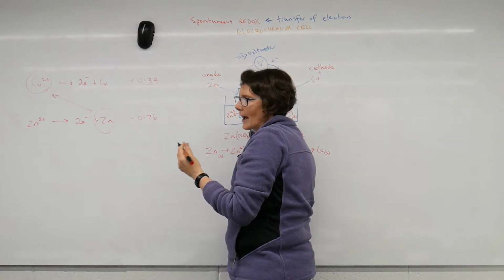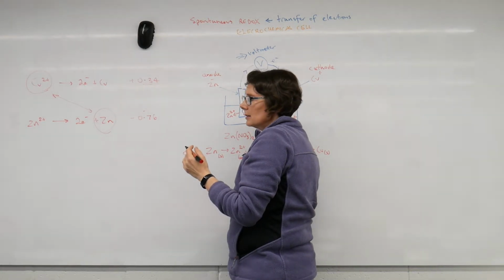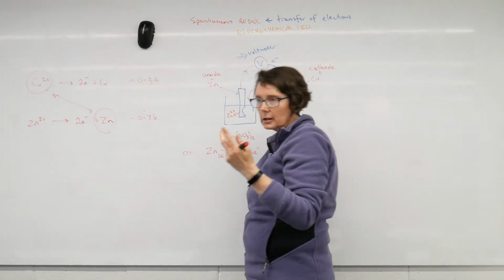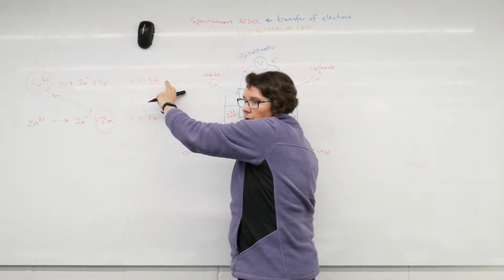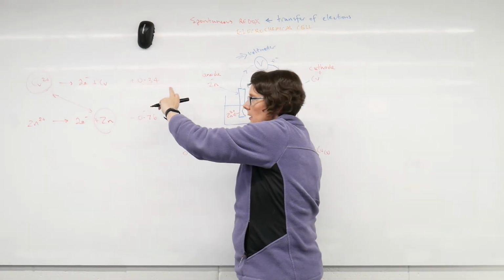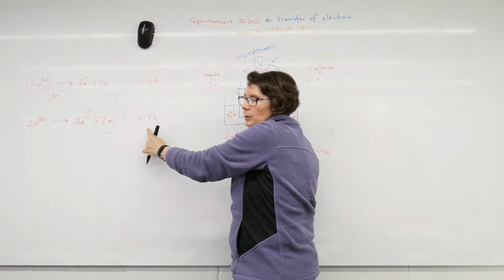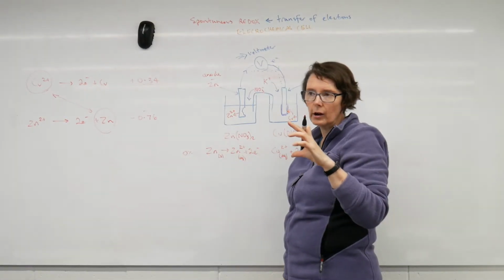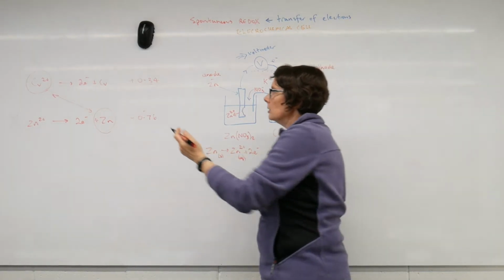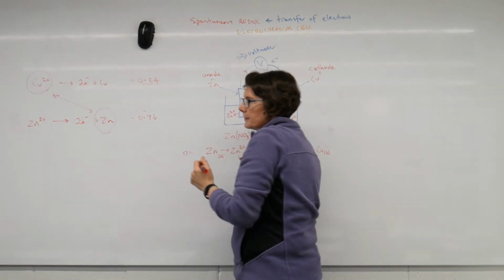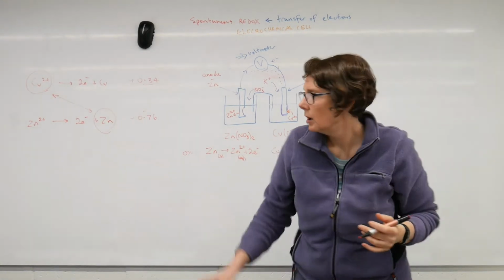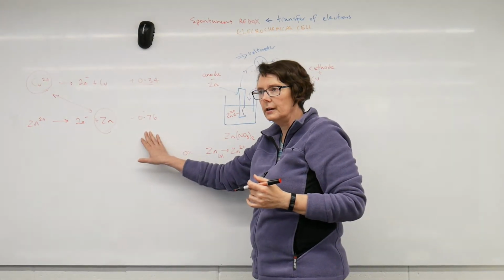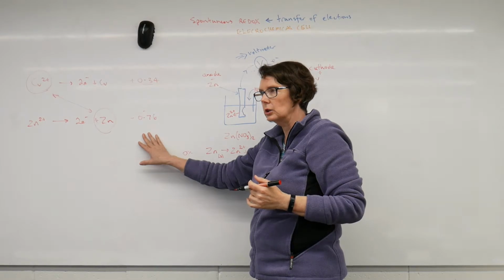You can add them together. There's, I guess, 2 ways of thinking of it. Just look at the difference between them. And because this one's a positive and this one's a negative, they're straddling that hydrogen half equation. So you're going to add the 2 numbers together. The other way you can think of it is you reverse the sign for the oxidation half equation.